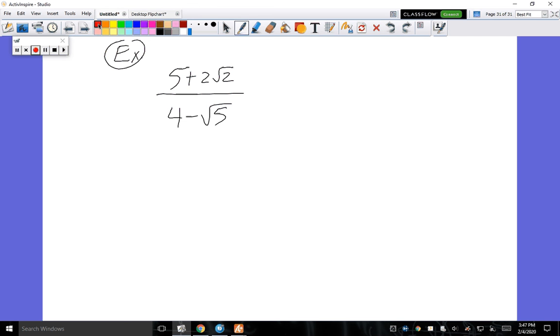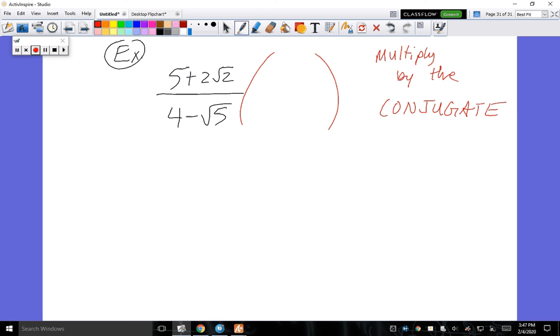I'm going to multiply by a form of 1, and this form of 1 is called multiply by the conjugate. Just a fancy way of saying it's a piece that will not only get rid of this square root, but will simplify the bottom as well.